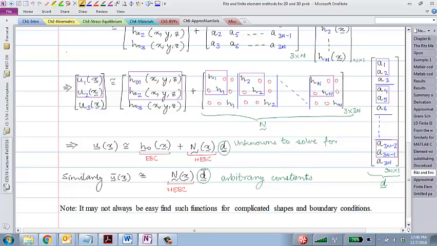So for example, in 2D or 3D problems, when we say that real displacement is 0 on, let's say, if I have this sheet of paper, and if I say the real displacement is 0 on parts of this edge, real displacement is some different value on parts of this edge, and somewhere in the middle, then it's difficult to construct functions in general that would satisfy those conditions, right?